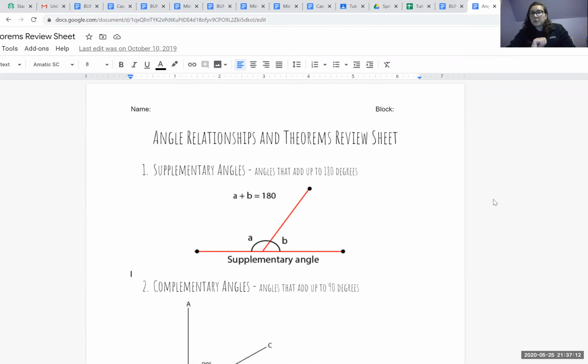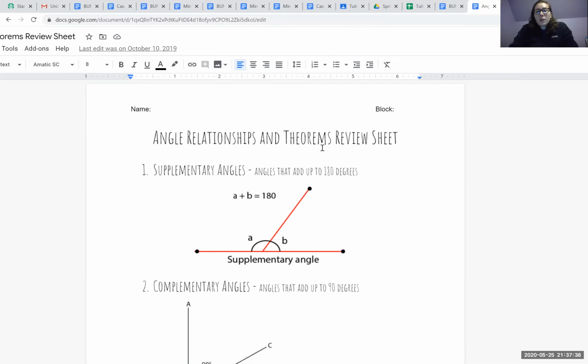Oh, that's what vertical means. Use this review sheet as your anchor chart that you would have in my classroom. So like you guys could take a picture and have it on your phones, and as you're working with the document online, you can have this on your phone and then this on your laptop. If you have the printed copies, that's even better because then you can have it right there.